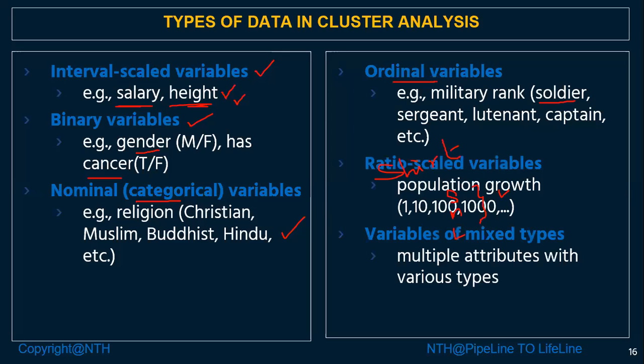Similarly, other types of input data are ratio-scaled, such as population data, and variables can also be mixed. Heterogeneous elements, strings and numerical values combined, become a mixture of values. At that time also the clustering approach can be applied. That's up to you to imagine, right?